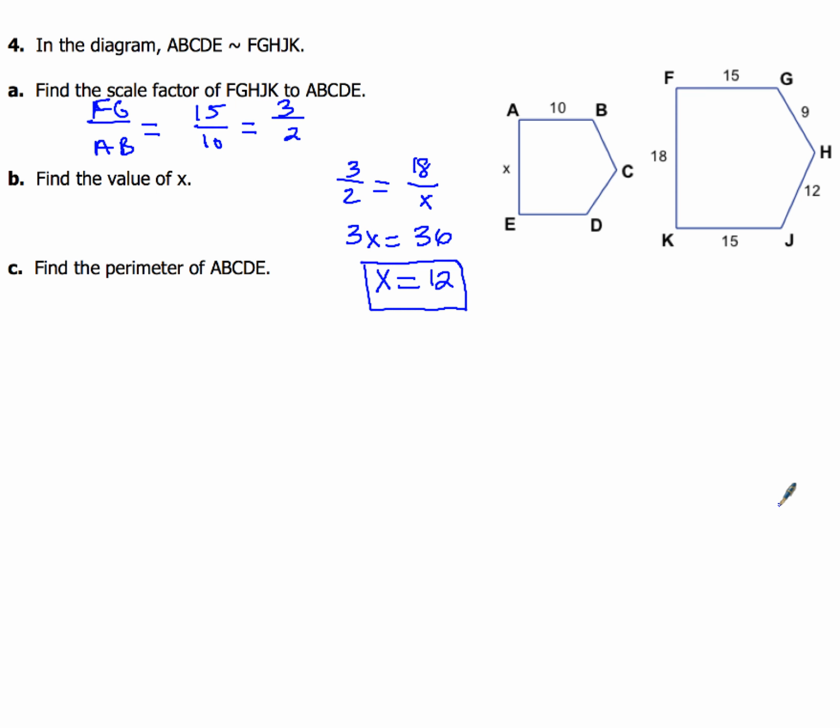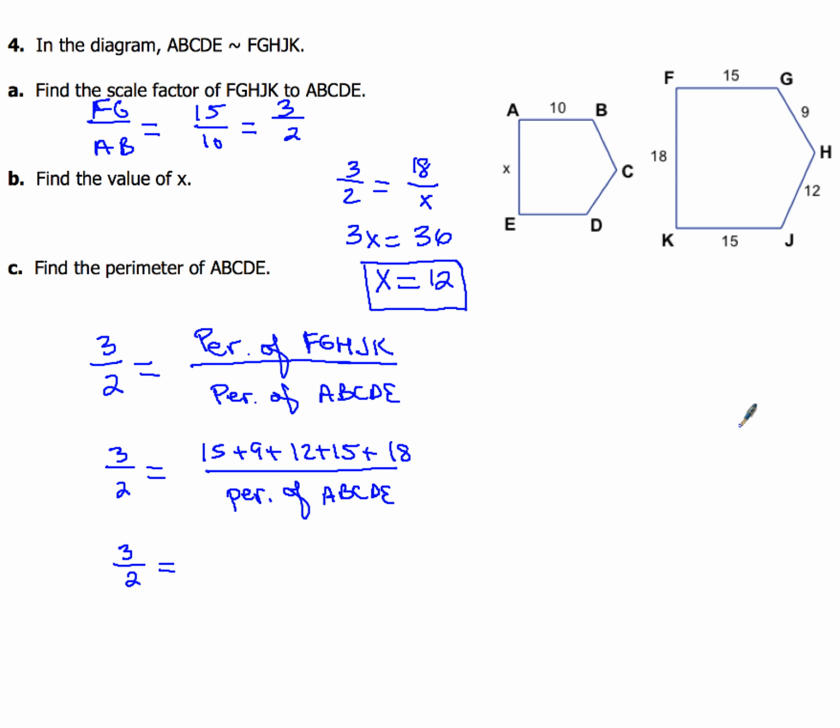Now for the last part, part C, find the perimeter of figure ABCDE. So what we're going to do first is write down the ratio of our perimeters, or our scale factor. And our scale factor was 3/2. That's going to be equivalent to the perimeter of our larger figure, which in this case is FGHJK, to the perimeter of the smaller figure ABCDE.